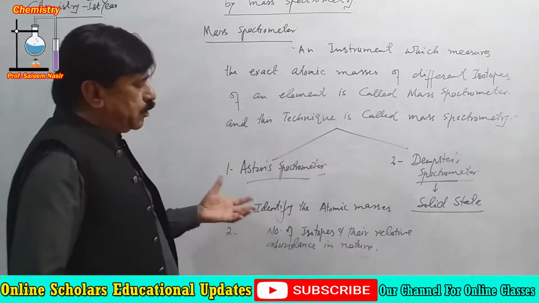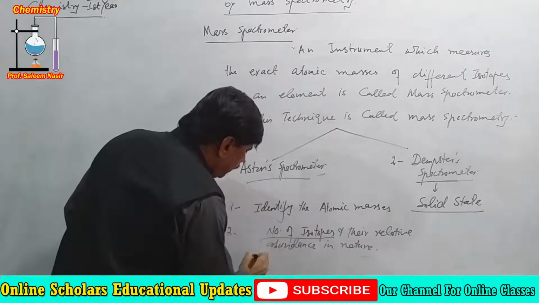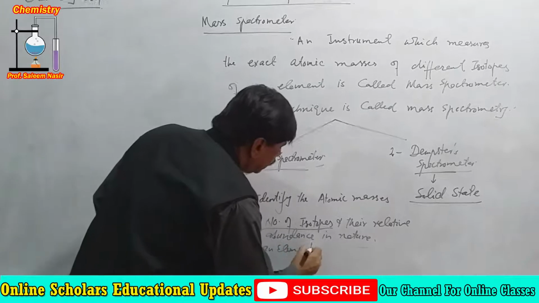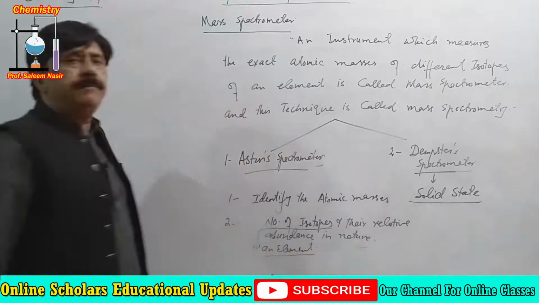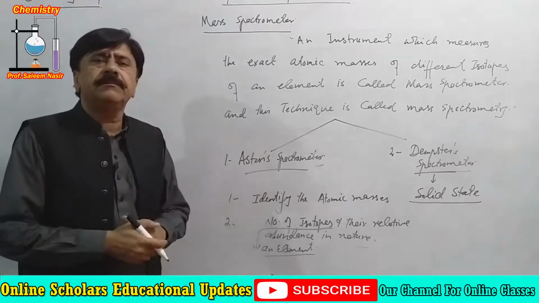Number of isotopes means the number of isotopes in an element, and their relative abundance in nature.